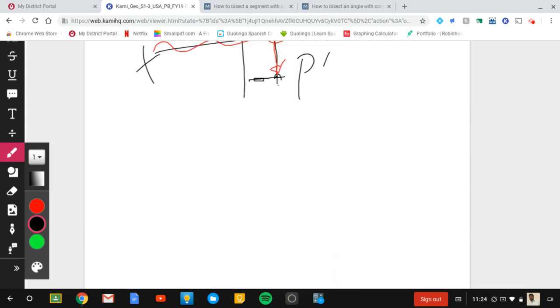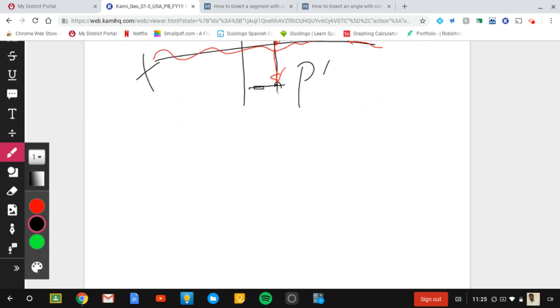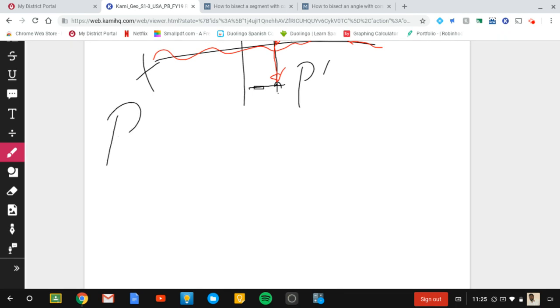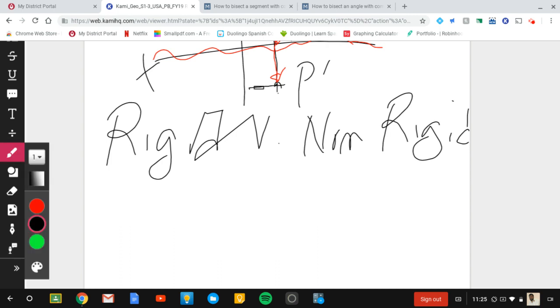One thing I know they're going to ask you a lot on the test when it comes to transformation is, do you remember the difference between rigid versus non-rigid transformation? Rigid transformation means size will stay the same.